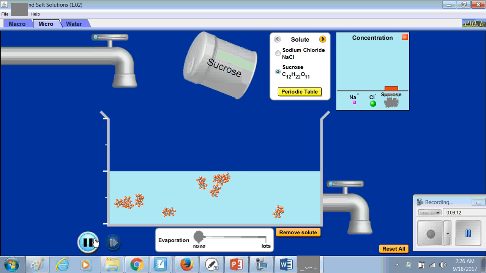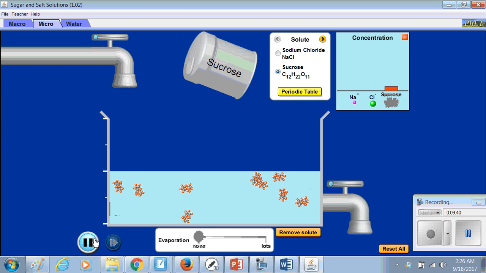Instead, the macromolecule, lots of sucrose molecules attracted to each other, broke up into smaller molecules, but they were still C12H22O11. They did not dissociate into carbon, hydrogen, and oxygen.